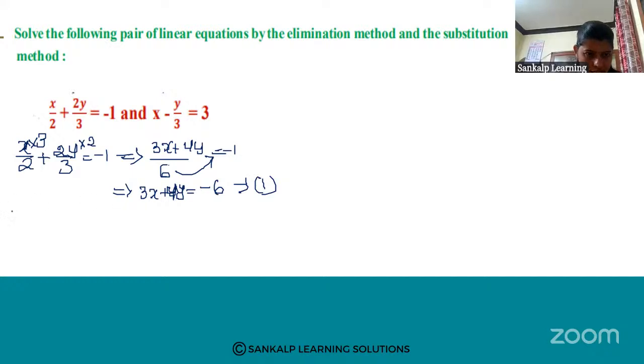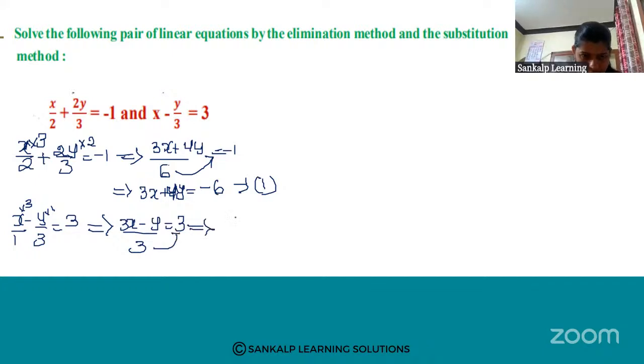Second equation is x minus y divided by 3 is equal to 3. Nothing is there means 1. Therefore LCM is 3 into 1, which is 3. x into 3 is 3x. 3x minus y is equal to 3 times 3. If you transfer this 3 to this side, 3x minus y is equal to 9 you will get.